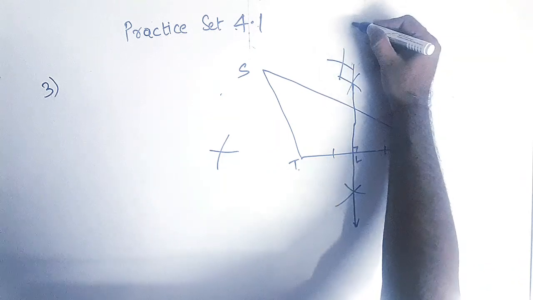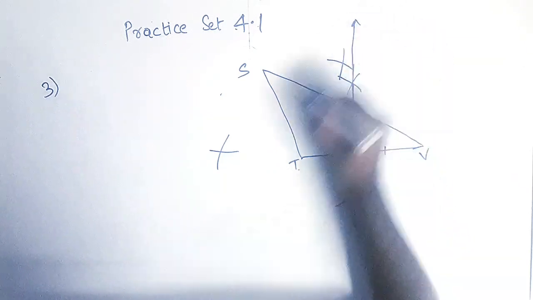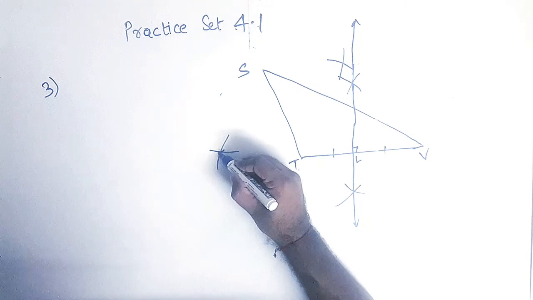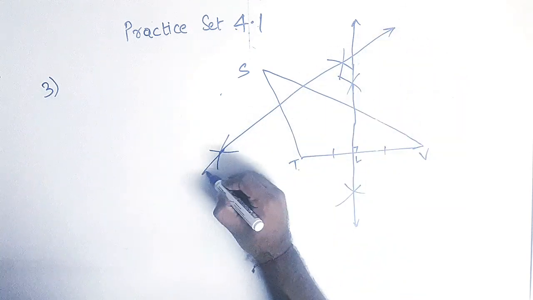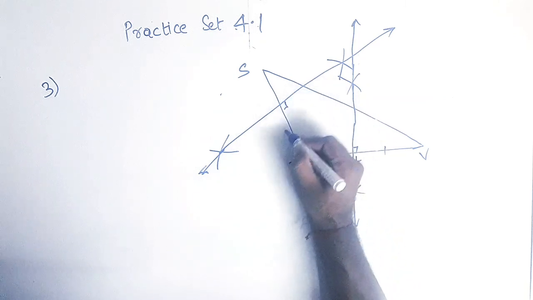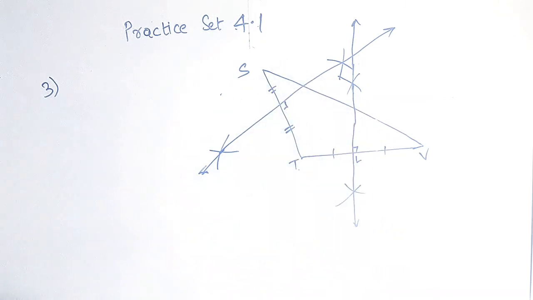This I will slightly extend. This is your perpendicular bisector, which looks like this. This is, say, M.